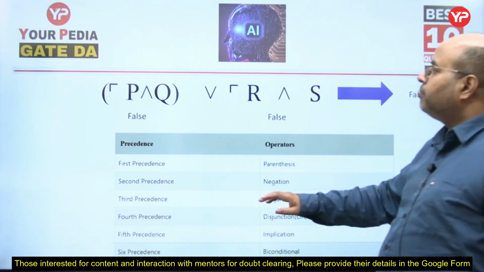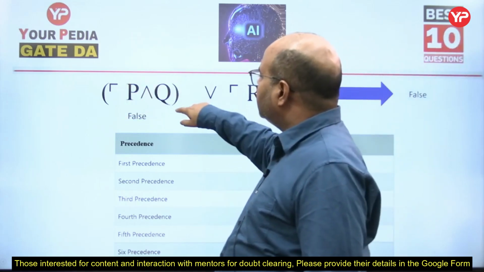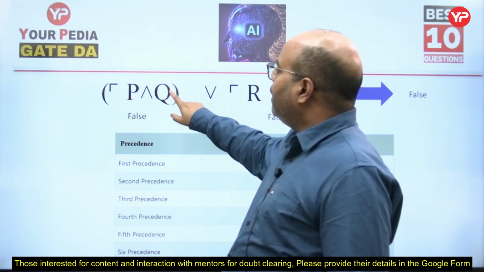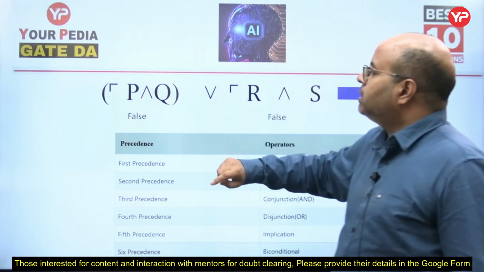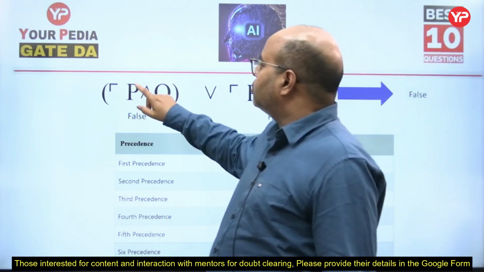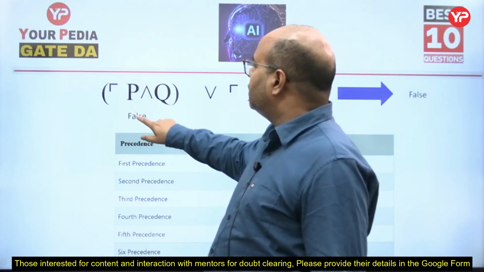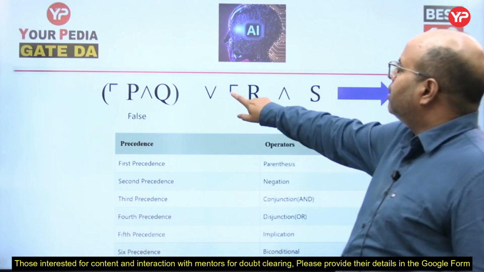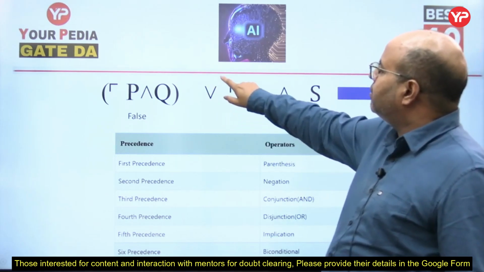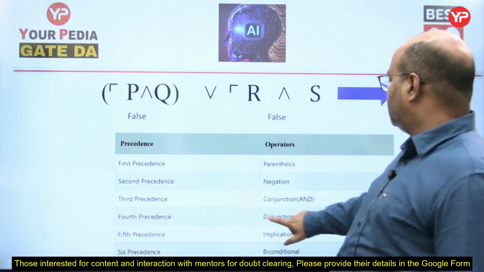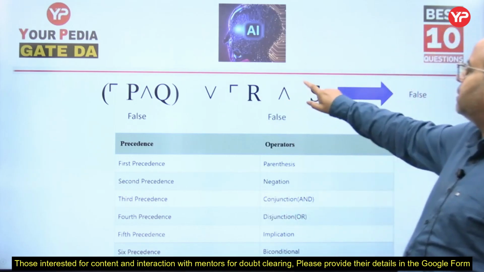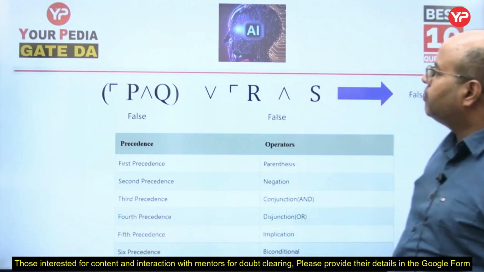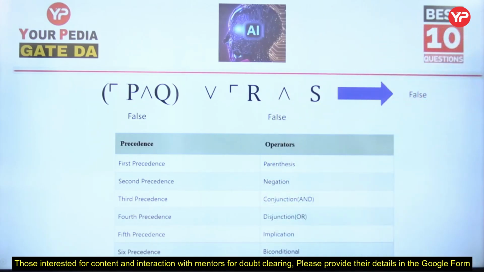Now you see here, this is parenthesis, first it will be calculated, negation of P and Q. Means if anyone is false, then it's false. So this is true, but this is false, this is false. Now here, this or will be considered later. First we have to consider this, that is and. So negation of R is true because R was false there.